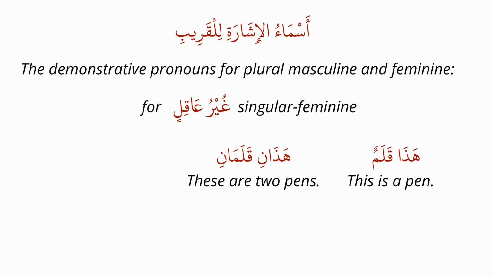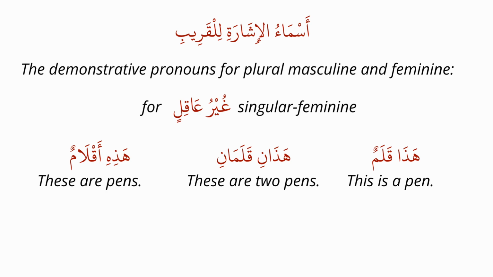So when we have a sentence, these are pens, where pens is a plural of غير عاقل, so instead of using هؤلاء, we use singular feminine, which is هذه, and we say هذه أقلام, these are pens.